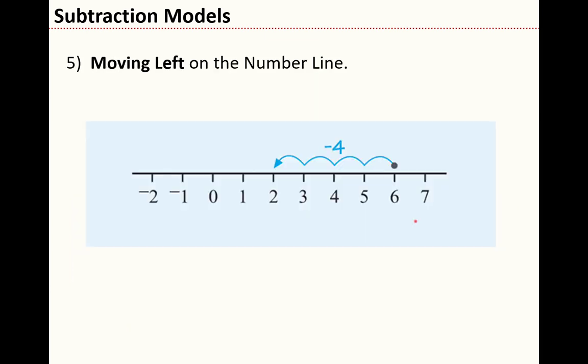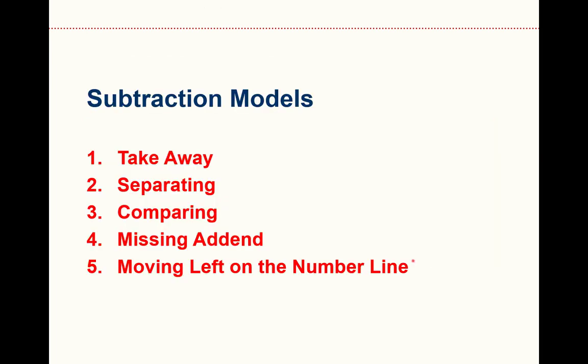Okay, moving on to our fifth and final subtraction model. This is moving left on the number line, very much the most abstract of the models, but it helps build the idea of arithmetic on the number line, adding, subtracting, positive numbers, negative numbers, and so we include it here in our subtraction models as well. That is it for the 5 models.